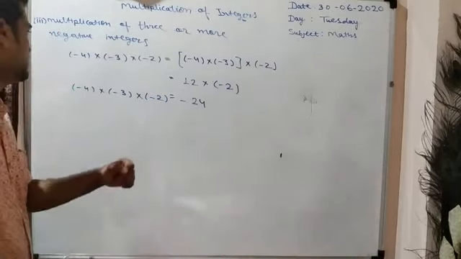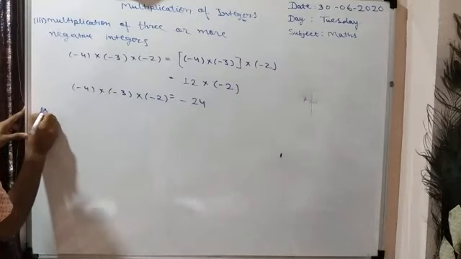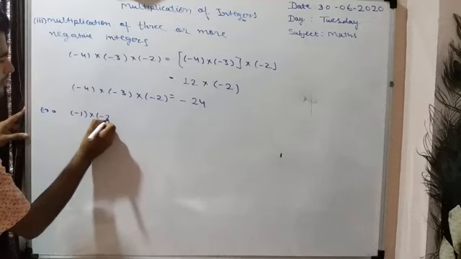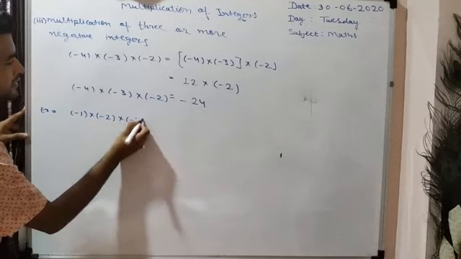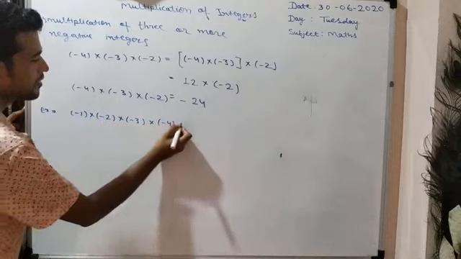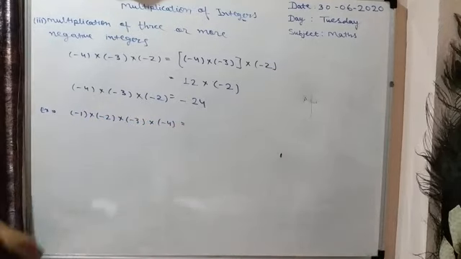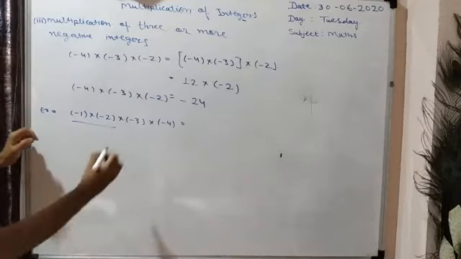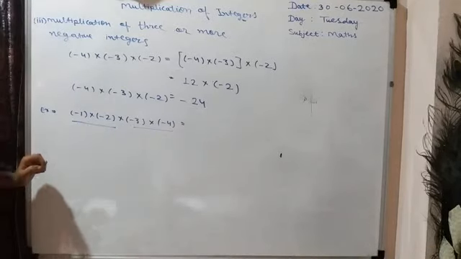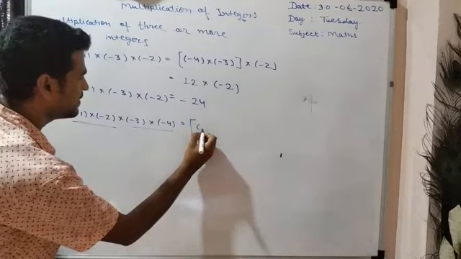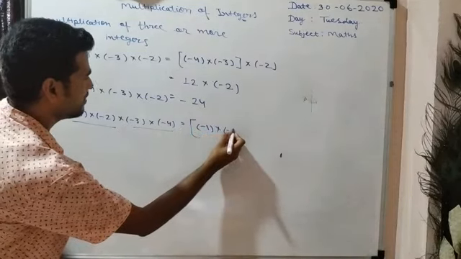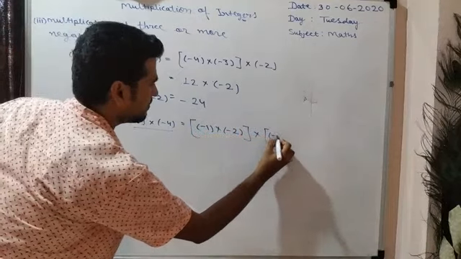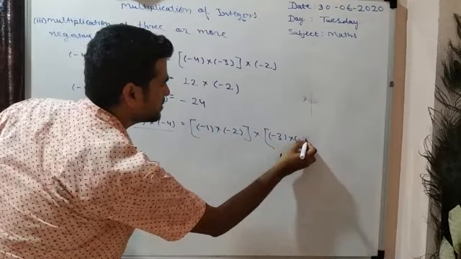Suppose we have another example: -1 into -2 into -3 into -4. So we can make a bracket of these two numbers and another bracket of these two numbers: -1 into -2, multiplication, -3 into -4.